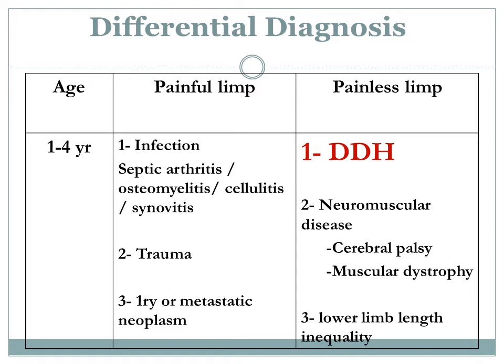It's very important to stress that whenever there is a child limping in this age group from 1 to 4 years, you have to exclude the presence of DDH as a priority in the beginning, because in this age group the pain may be absent or sometimes difficult for the child to express. He will only limp. So it's very important to keep in mind the diagnosis of DDH and to exclude it first.